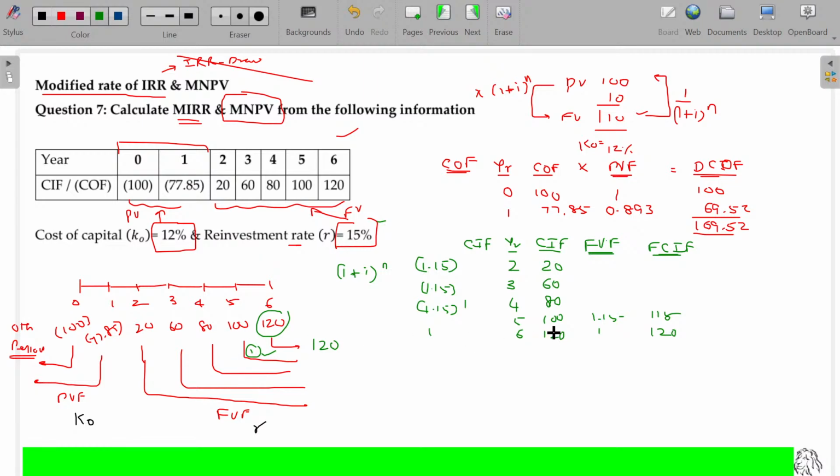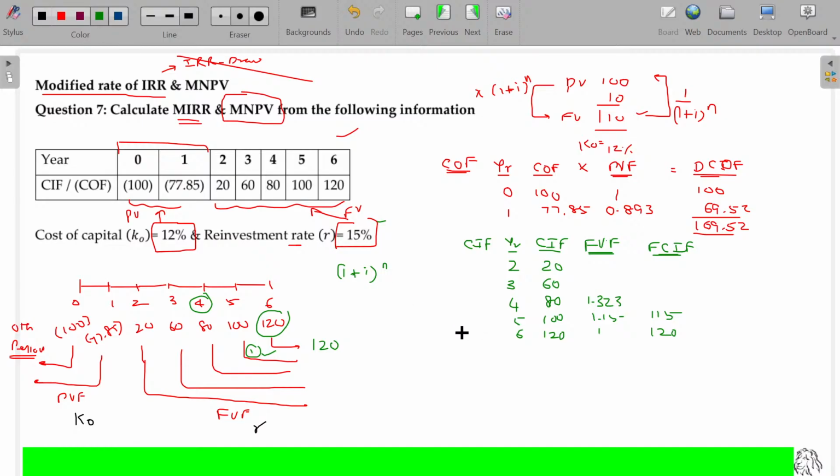And in this case, 4th year, for that how many years interest will be there? 2 years. So here power 2, here power 3 like. So 1.15 to the power 2, the answer being 1.323.